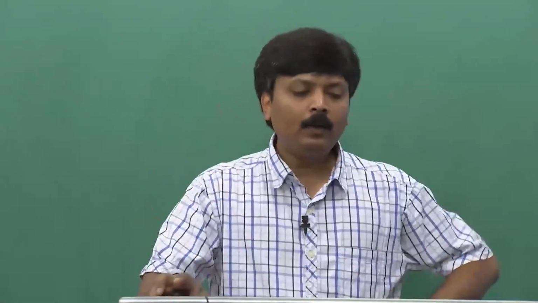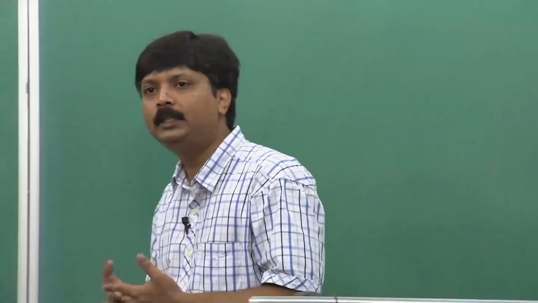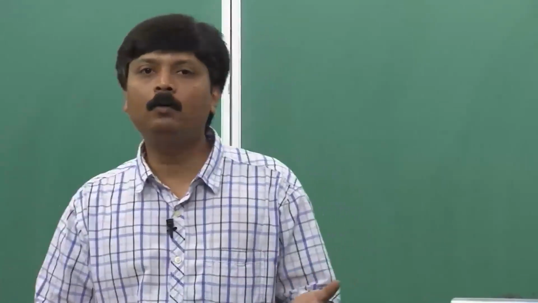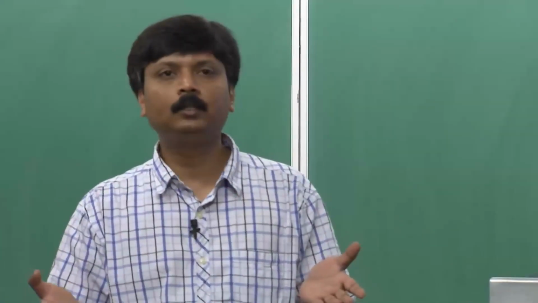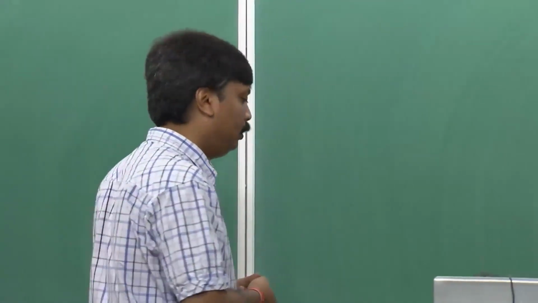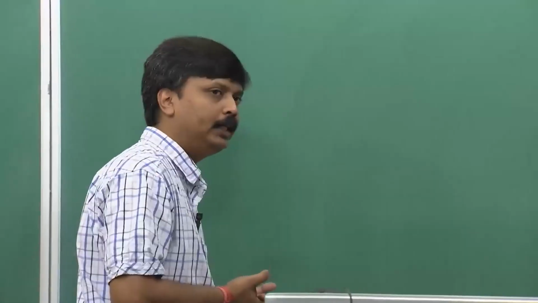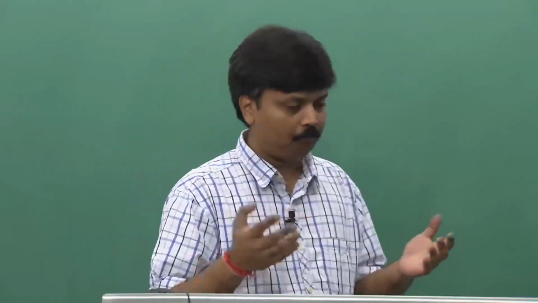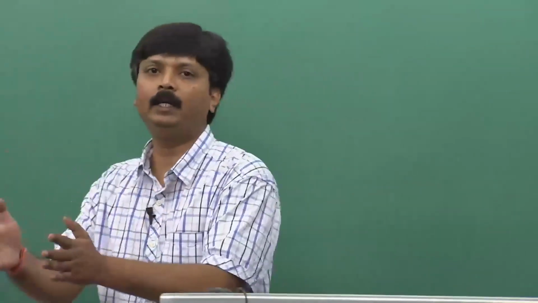So let's have a look at certain objects and try to see if we can say something about their symmetry. Do they seem to be symmetric, or do we not find any symmetry in those structures, or can we say this is more symmetric than another?